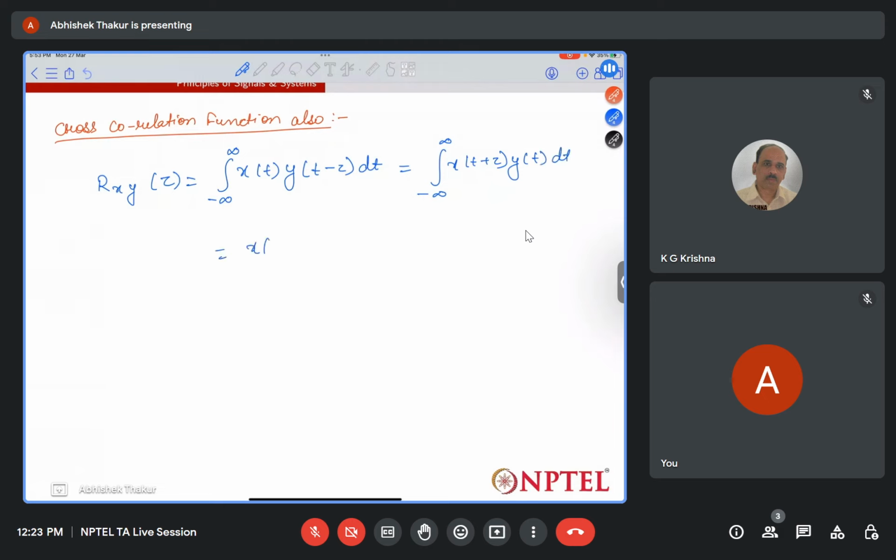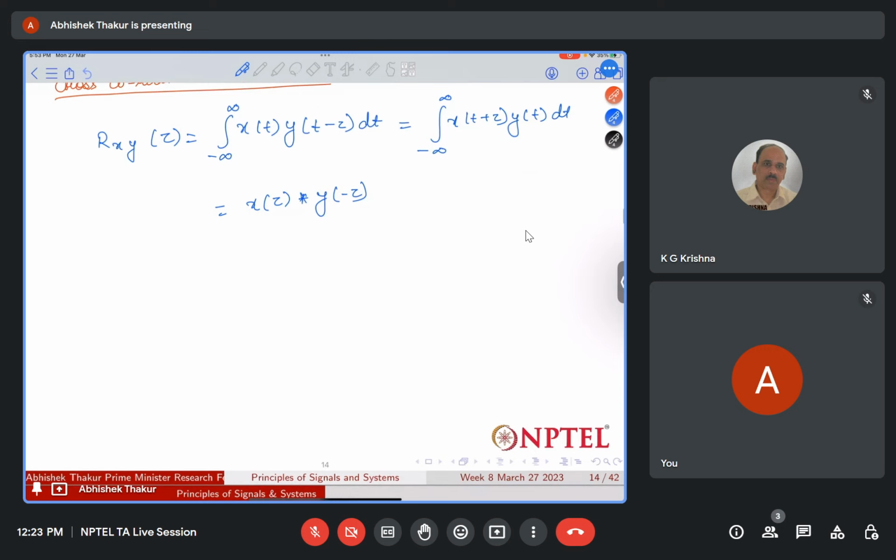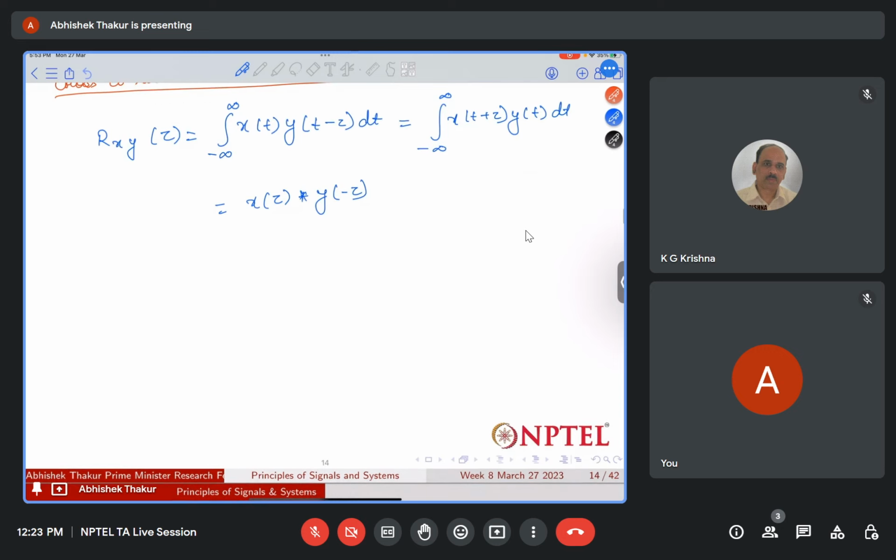So this can be written as x(tau) convolved with y(-tau). This was the cross correlation between x(t) and y(t).